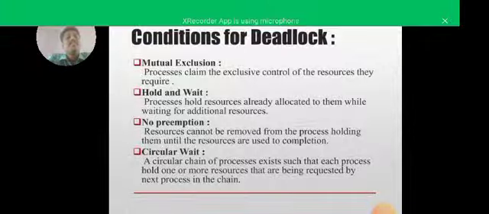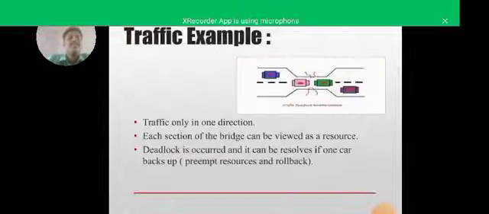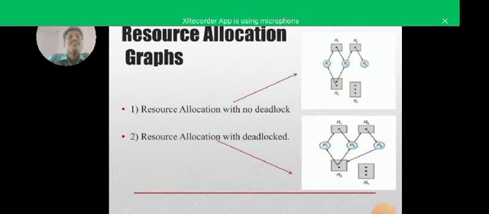It is a major problem. This picture explains about a deadlock that happened. And then these two pictures explain about resource allocation with no deadlock and, sorry, with deadlock.